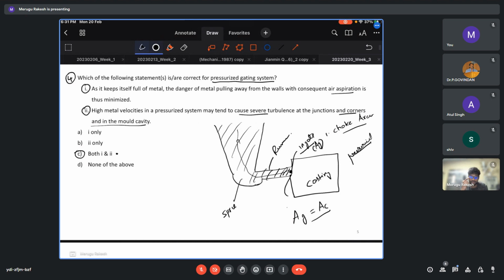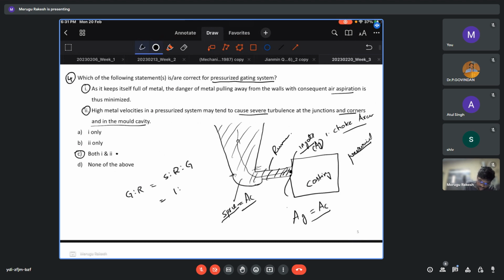Okay, so suppose the sprue area is the choke area, then we can say this is a non-pressurized gating system. Only here will this be the choke area, and the rest of the areas will be more or less bigger. Now in a gating ratio we have sprue, runner, and gate.